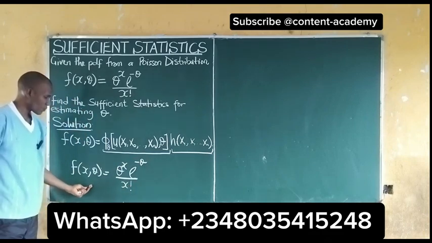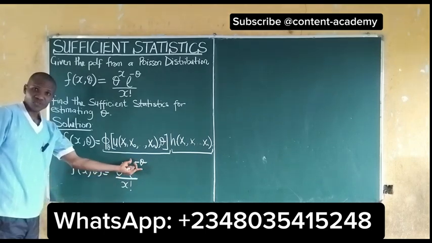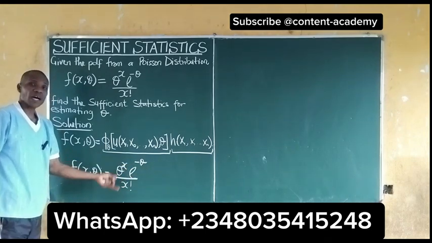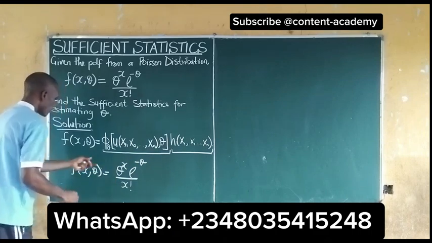The next thing to do, to factor this out, or to see if it can be factored out, is to take the likelihood function.